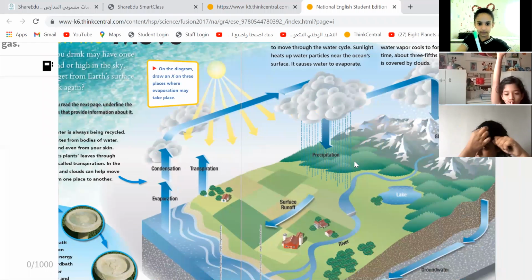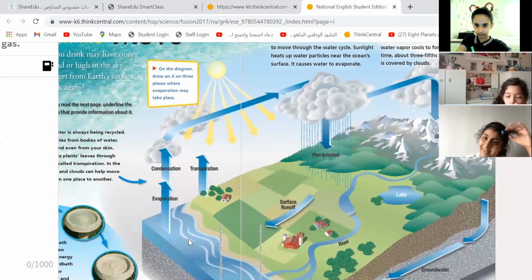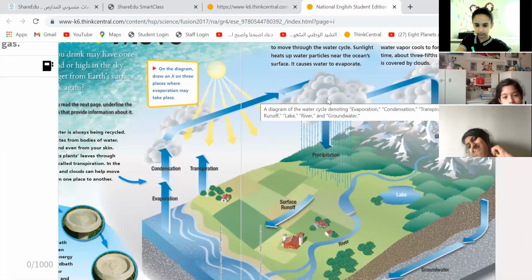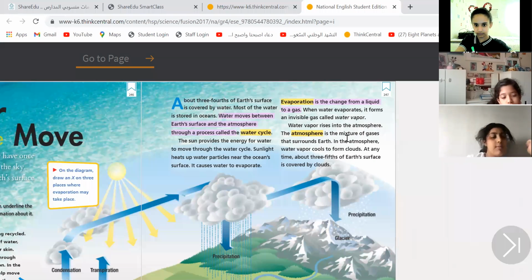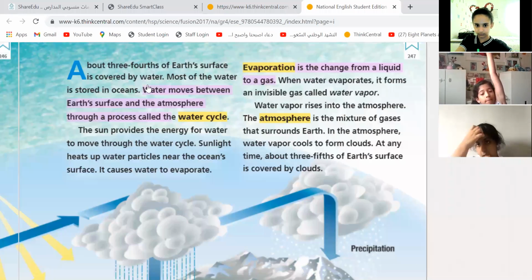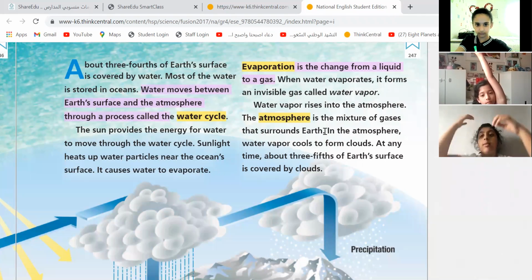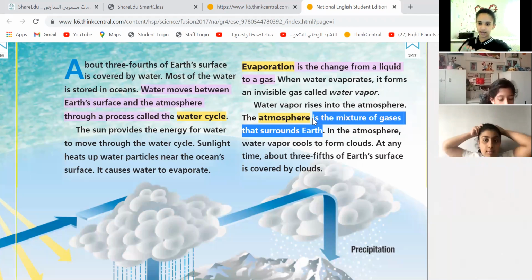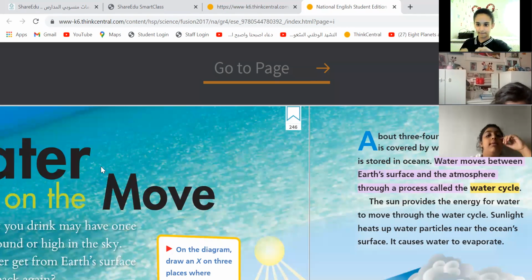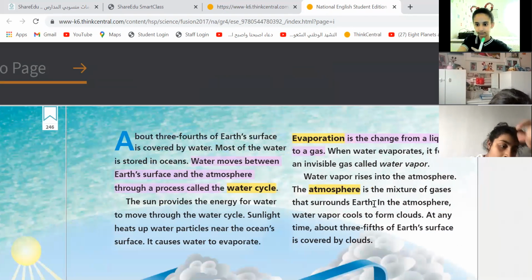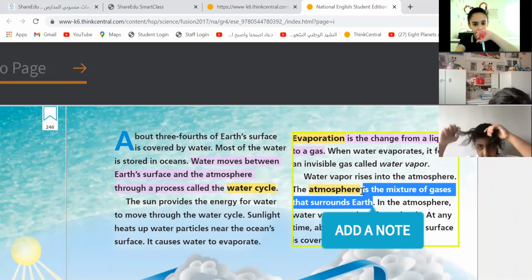Now, guys, we said that the water cycle will move from the ground or the earth's surface to the atmosphere. What is the atmosphere? So we can underline it together. The atmosphere is a mixture of gases that surrounds Earth.